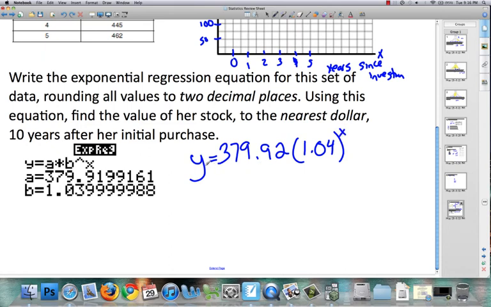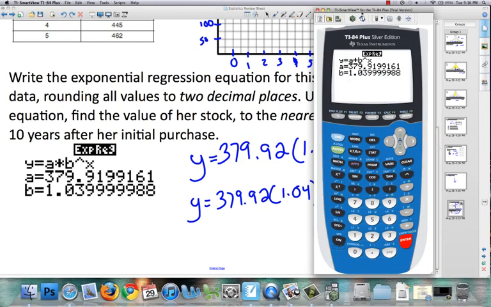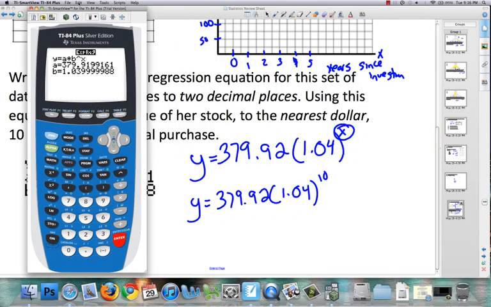Okay. Using this equation, find the value of her stock to the nearest dollar 10 years after her initial purchase. Well, x represents years, so that's what we're going to substitute 10 in for. So y equals 379.92 times 1.04 raised to the 10th. And that's what we're going to put into our calculator.